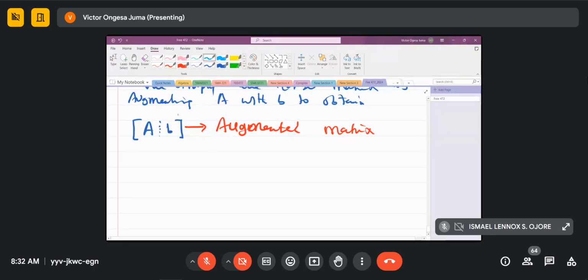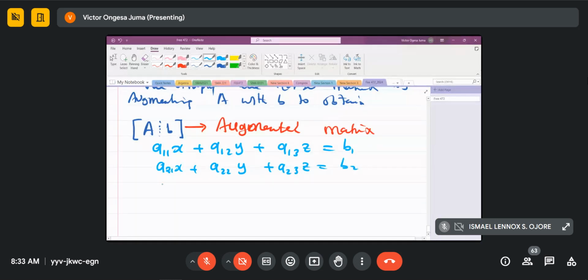So I just want to illustrate. Consider the system A11 X plus A12 Y plus A13 Z is equal to, say, for example, B1. And then A21 X plus A22 Y plus A23 Z is the same as B2.